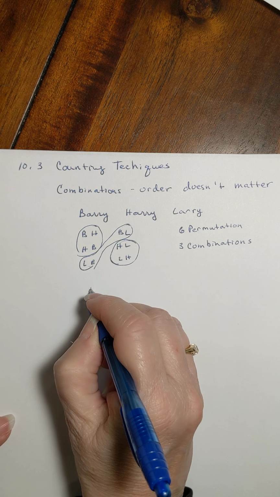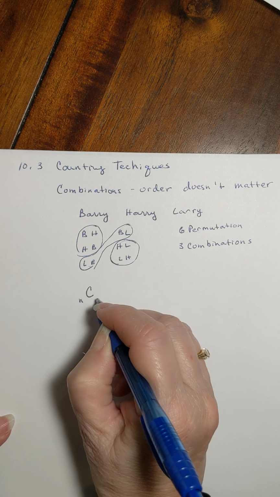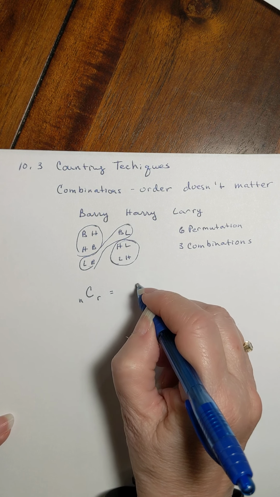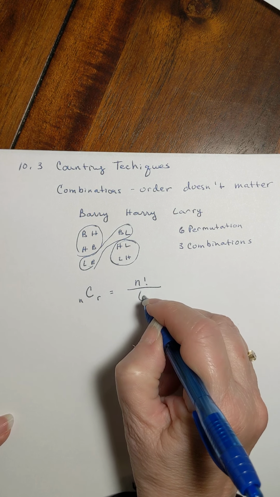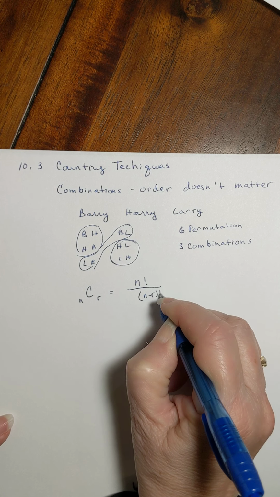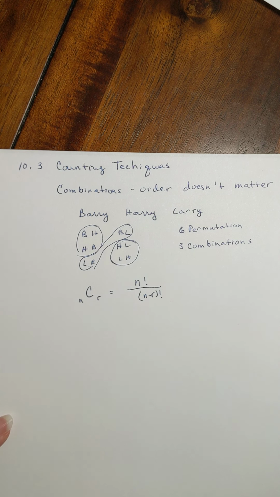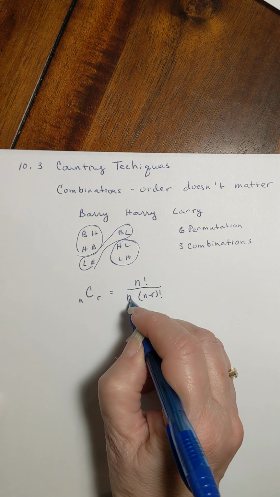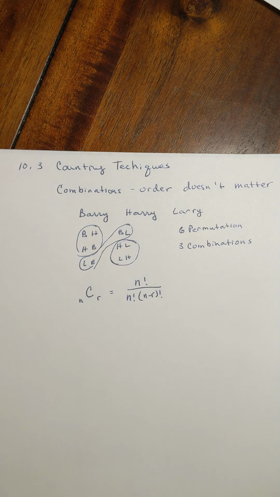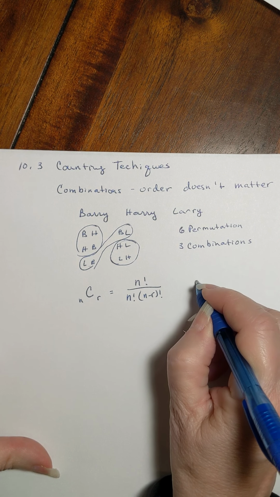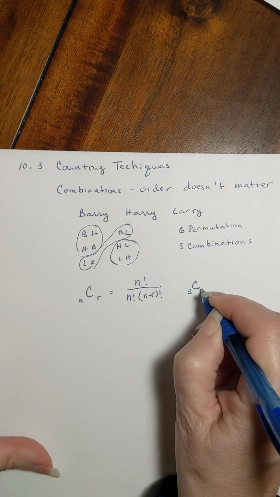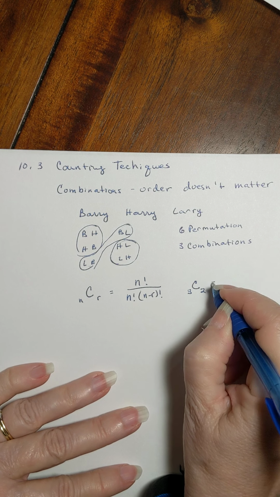The formula for combinations of n choose r is going to be n factorial over n minus r factorial, which is the formula for permutations, but then we're also going to divide by r factorial. Okay, so for example, this was combinations of 3 people, and I was choosing 2 of them.